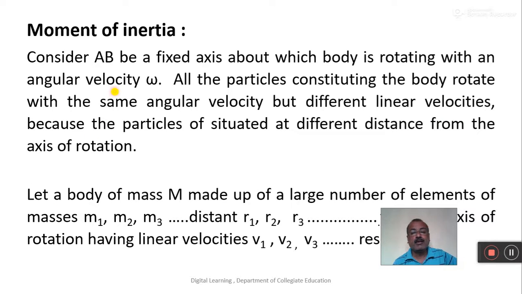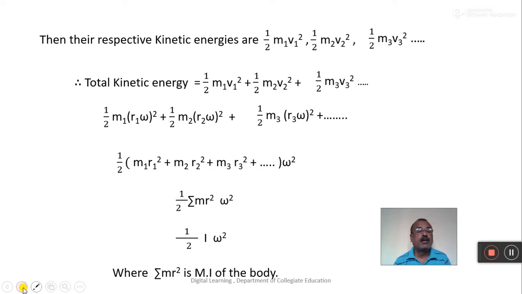Moment of inertia. The moment of inertia can be explained like this. Then we can derive the total kinetic energy by adding all individual kinetic energies. We arrive at half I omega squared, where sigma m r squared is the moment of inertia of the body.